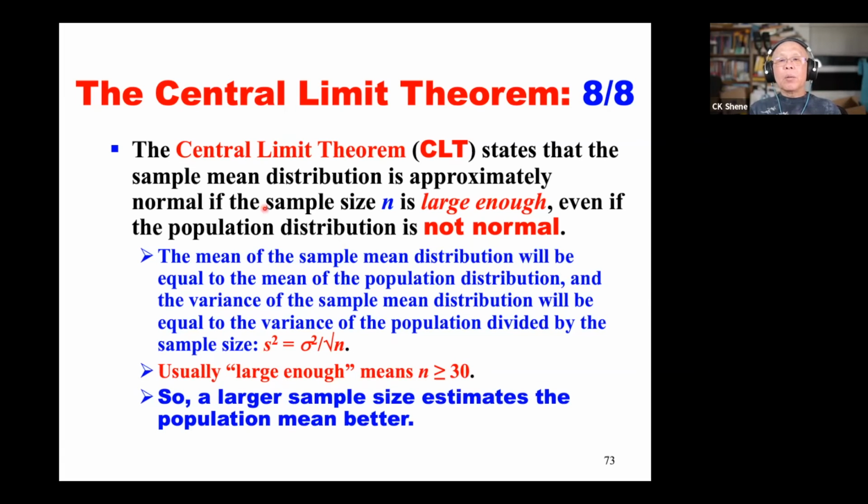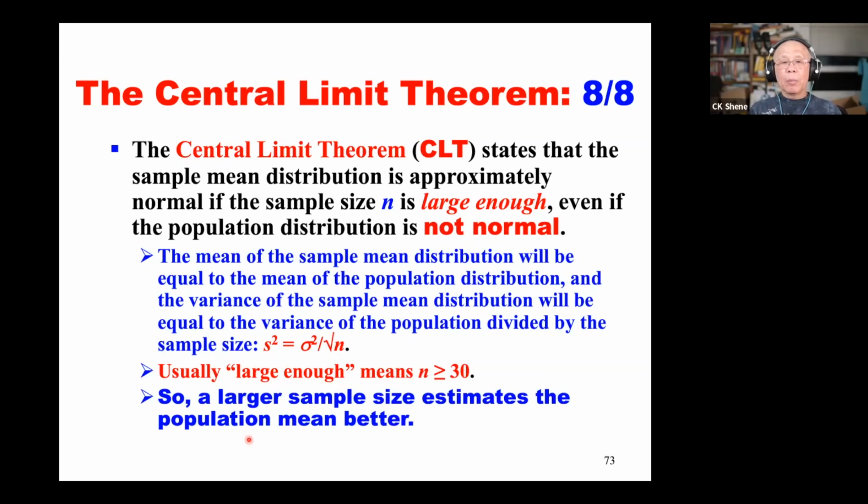Here the sample size has to be large enough, n greater than or equal to 30. The mean of the sample mean distribution will be equal to the mean of the population distribution. And the variance of the sample mean distribution will be equal to the variance of the population divided by the sample size. So a larger sample size estimates the population mean better.